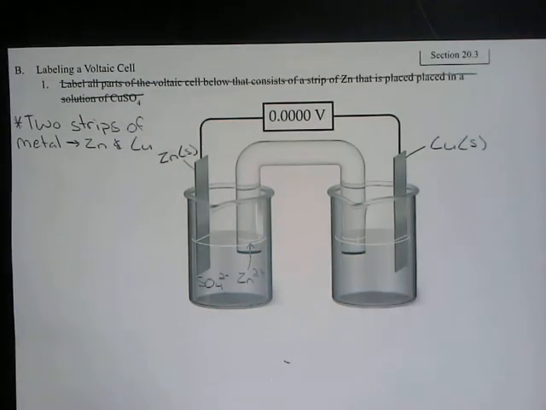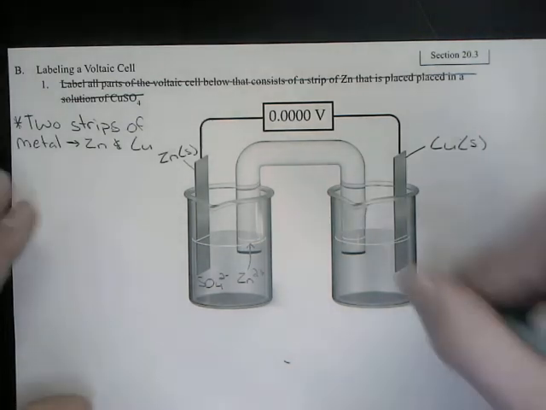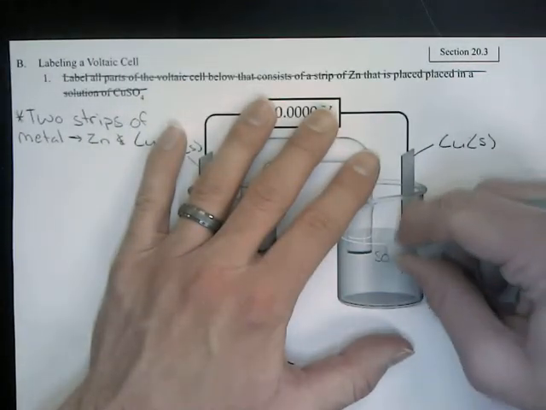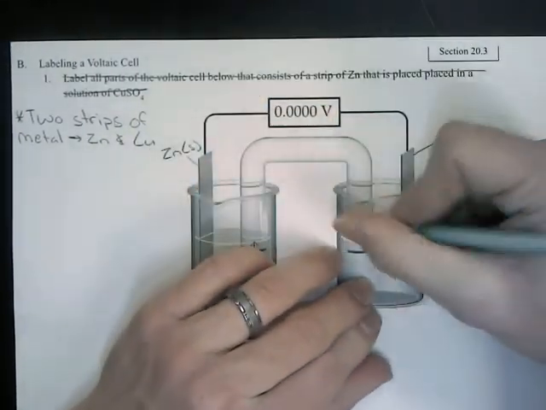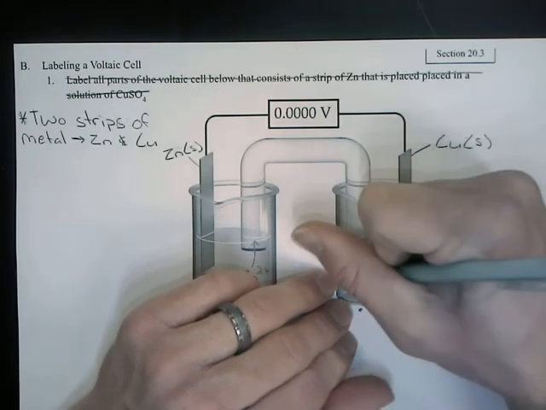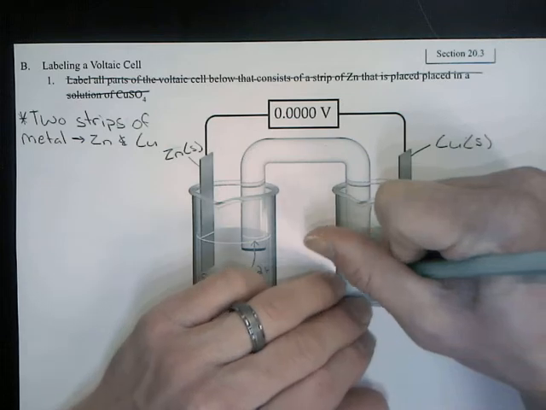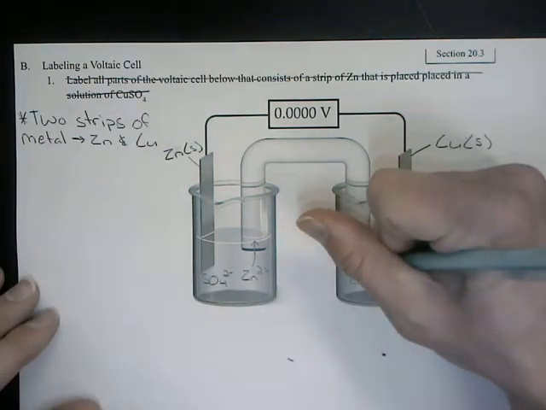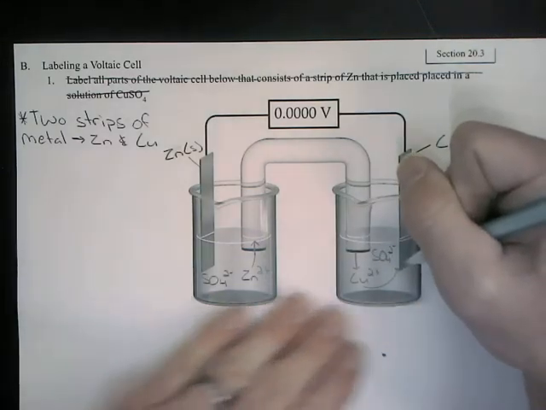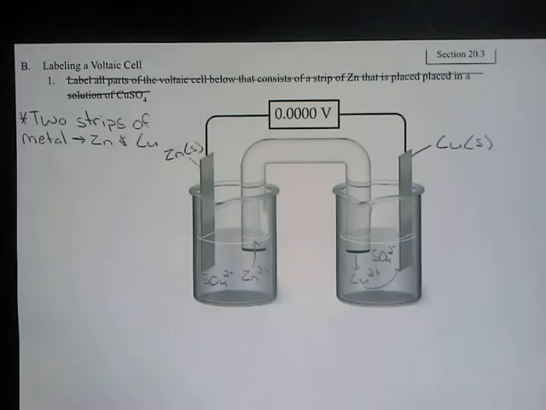And then on our flip side here, we are going to also have the copper 2 sulfate, so SO4 2 minus, as well as our copper 2 plus. Now, I'm going to draw an arrow and we'll talk about what's happening here in a second.